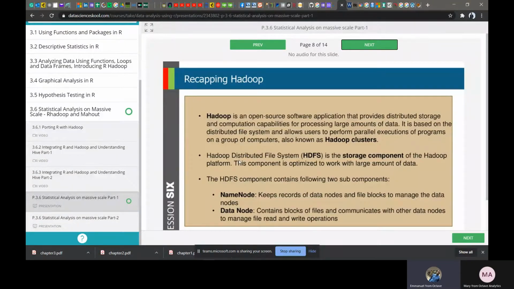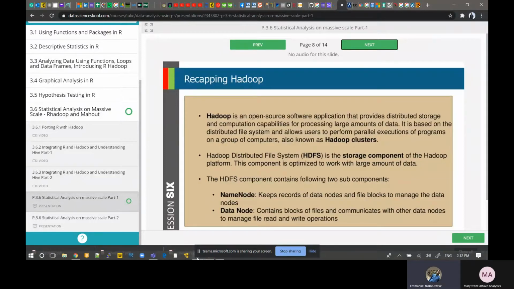It is based on a distributed file system and allows users to perform parallel execution of programs on a group of computers called a Hadoop cluster. Something like this can come up in your examination. Parallel execution of programs on a group of computers, known as what? You can say Hadoop cluster, MapReduce cluster. They can give you options like that.